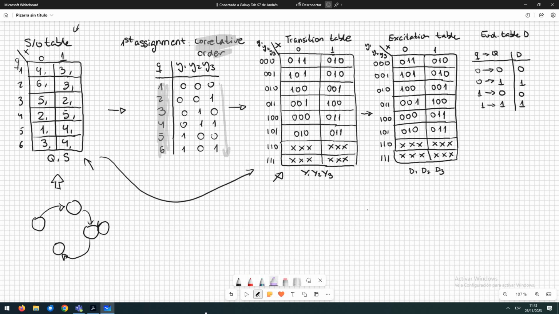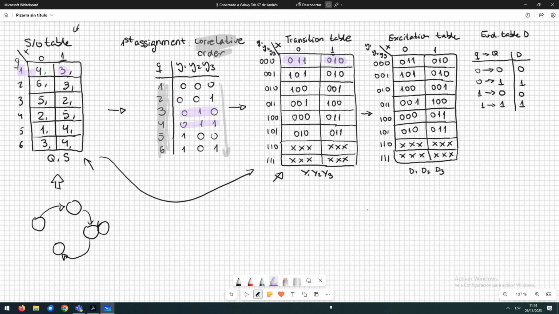So from state 1, with the input 0, we go to state 4. State 4 is 011. So I write here 011. And from state 1 and input 1, the next state is 3. And 3 is codified with 010. So I write in this cell 010.